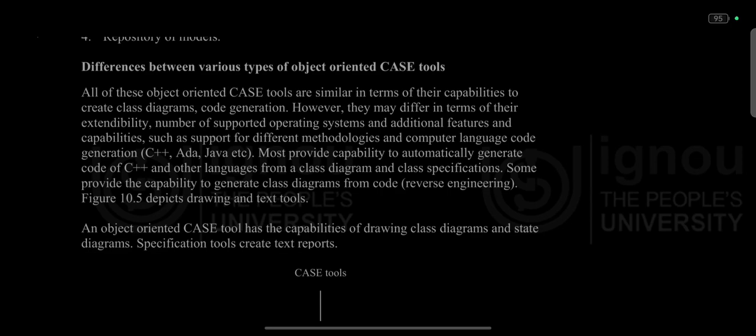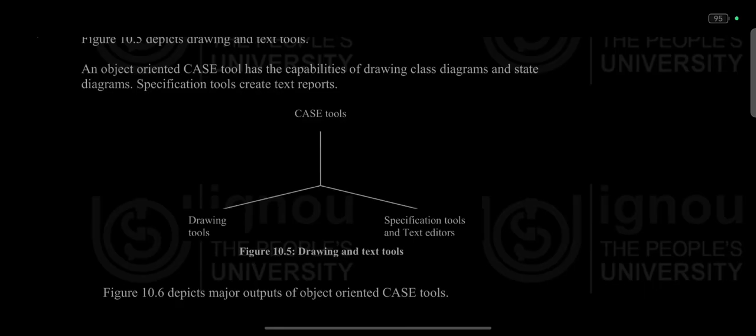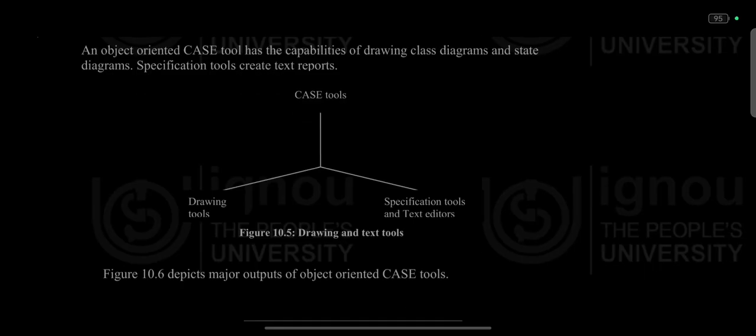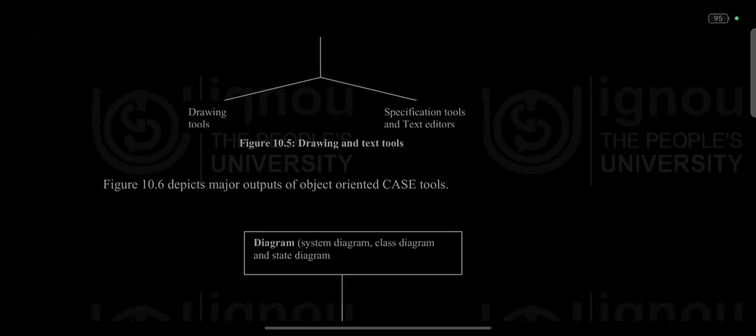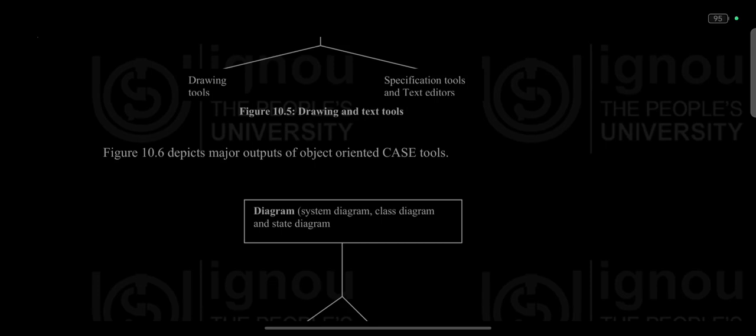An object-oriented CASE tool has the capabilities of drawing class diagrams and state diagrams. Specification tools create text reports. Under CASE tools come drawing tools, specification tools and text editors. Drawing and text tools. Figure 10.6 depicts major outputs of object-oriented CASE tools.